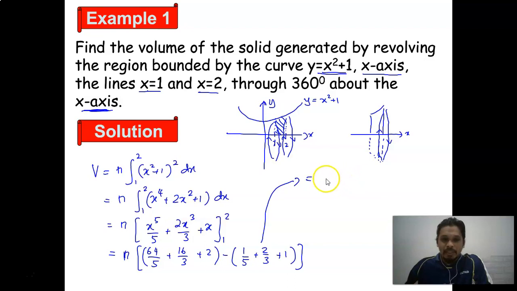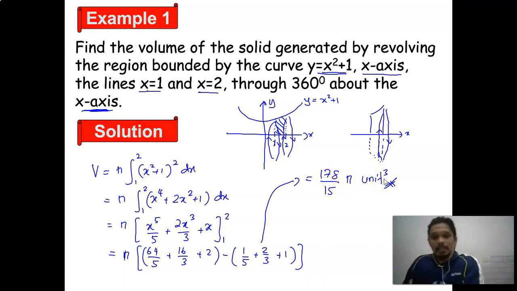You may use your calculator to get the answer, which is 178 divided by 15, times pi, unit cubed. You may calculate manually or use your calculator until you get it. The answer is 178 divided by 15 pi unit cubed. Okay, next question.